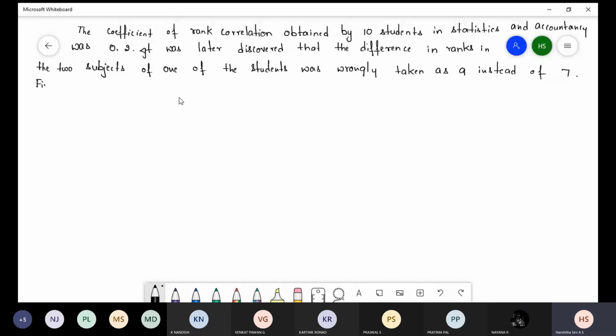Find the correct rank correlation coefficient.